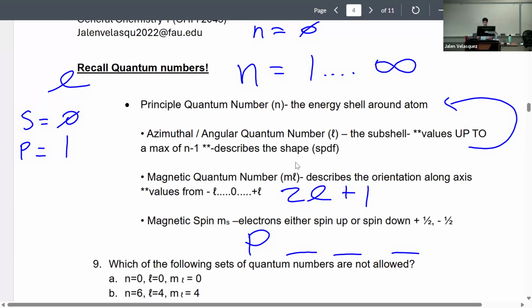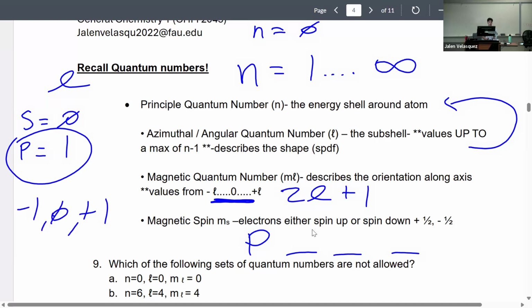These orientations, this is the m sub L, right? So how do we get 3 for the p? We can do it this way first. So from negative L to 0 to positive L. So if we're going to use p, for example, what's negative L to positive L? We have negative 1, 0, positive 1, right?